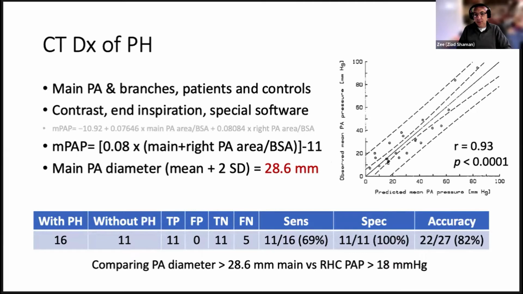For example, if you have a main pulmonary artery of 30 millimeters, so 3 centimeter diameter, and a right PA of 2 with a body surface area of 2, then you end up with 30 millimeters of mercury of mean pulmonary artery pressure predicted by the equation. Because this is non-invasive relative to a right heart cath, why not use it? I haven't seen a lot of people use it.